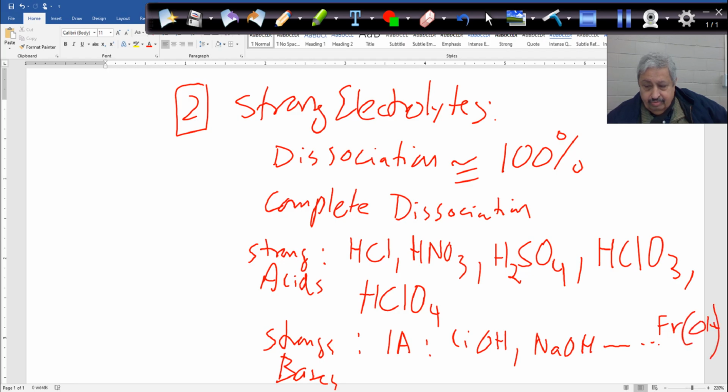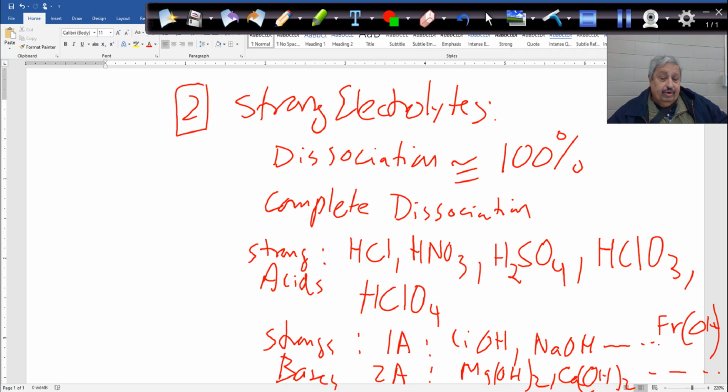Those are strong, so it's 100%. Group 2A comes from magnesium, starting with magnesium hydroxide, and then you get calcium hydroxide, and it goes all the way to the end of the group. So those are 1A and 2A. They make strong bases, and the strong acids are there.